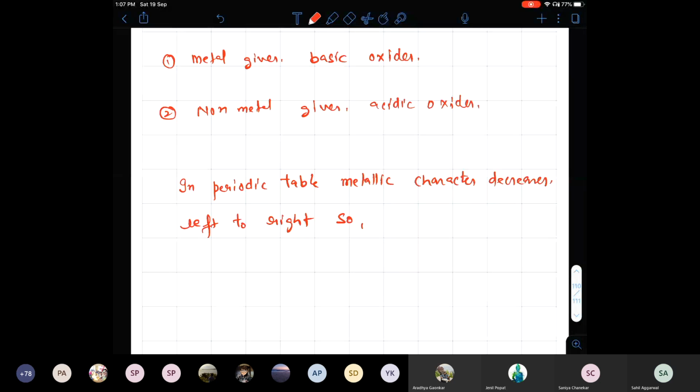So basicity decreases and acidity increases left to right. Basicity decreases and acidity increases left to right.